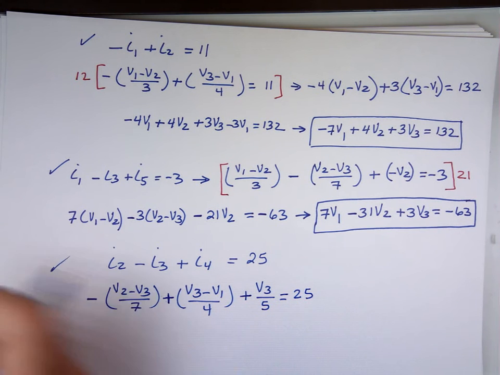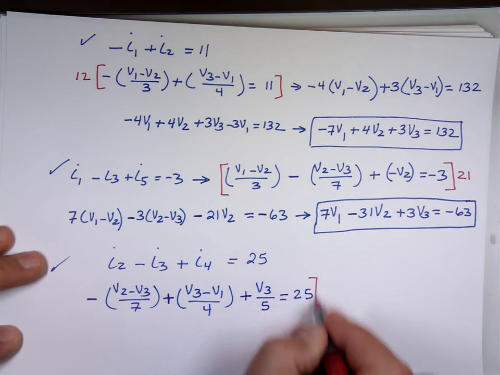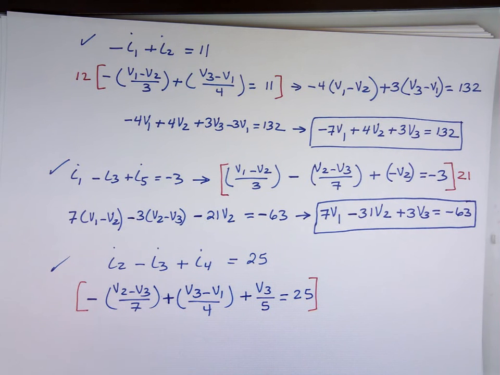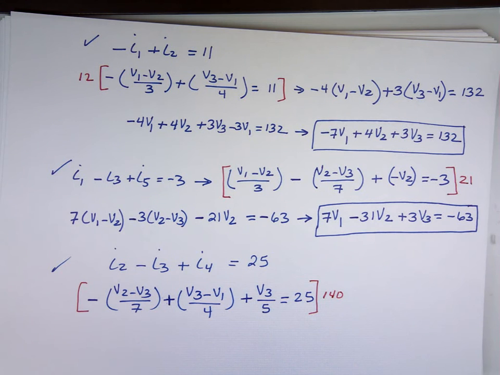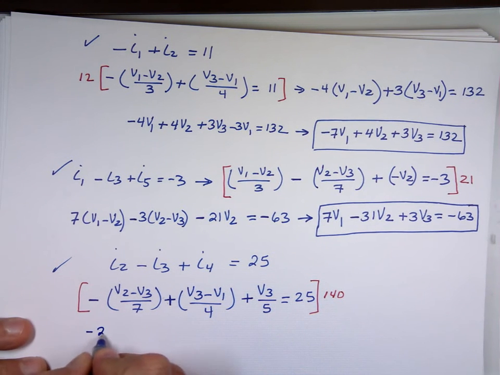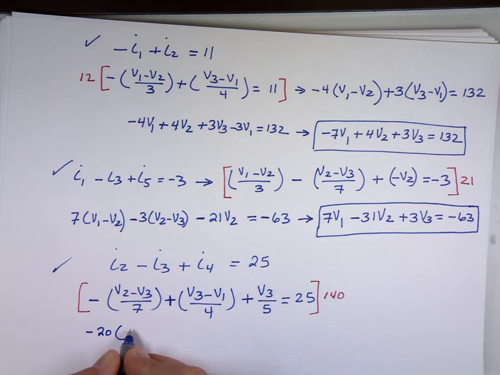LCD is not going to be a pretty one here. 5 times 4 is 20 times 7. Is that 140? Yep. Oh, that would be negative 20. V2 minus V3.